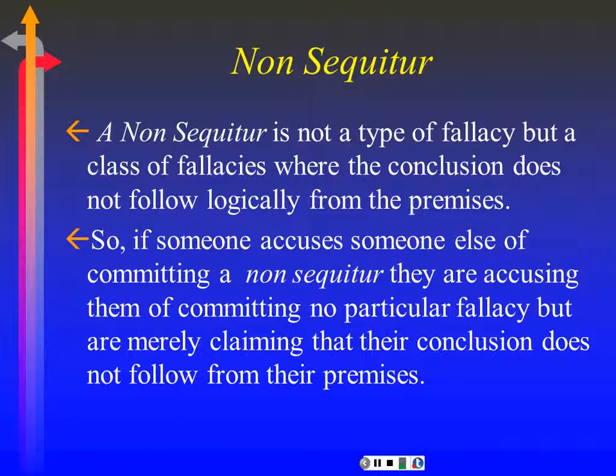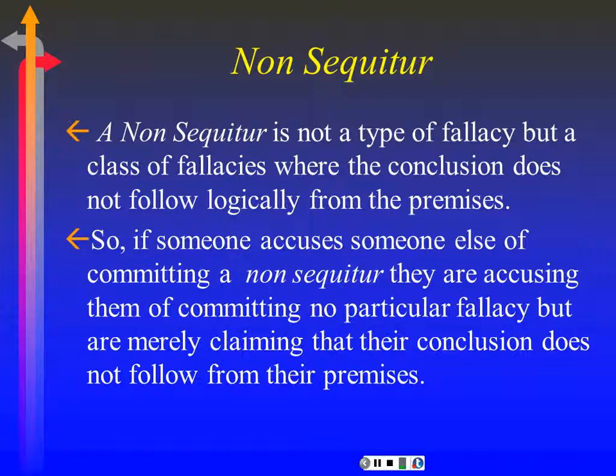So, in other words, a non sequitur is not a specific fallacy, but it's a word that denotes most of the fallacies where the conclusion does not follow logically from the premises for one reason or other. So if someone accuses someone else of committing a non sequitur, what they're accusing them of doing is not committing a particular fallacy.